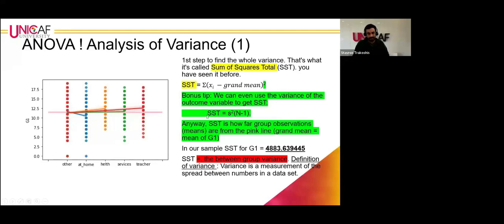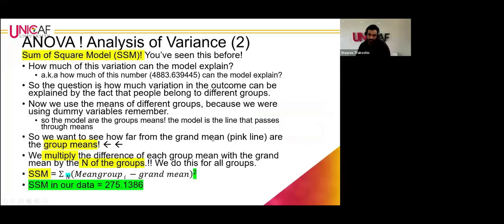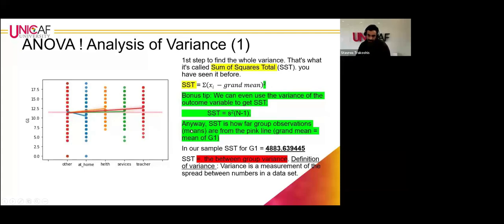This is the same as using the variance of the dependent variable. It's the same equation. And the variance in this situation tells us how far our observations are from the pink line.